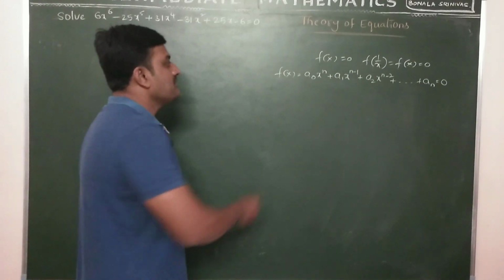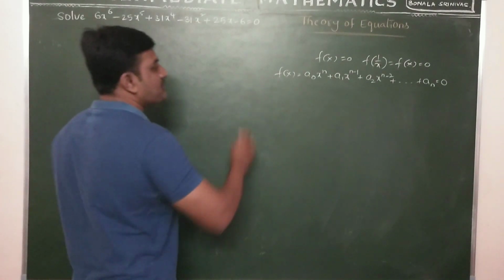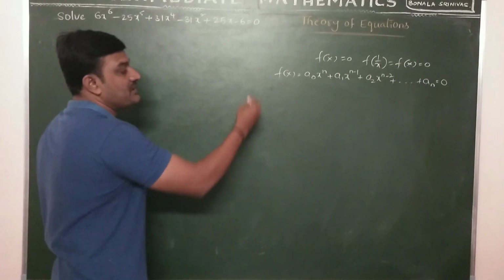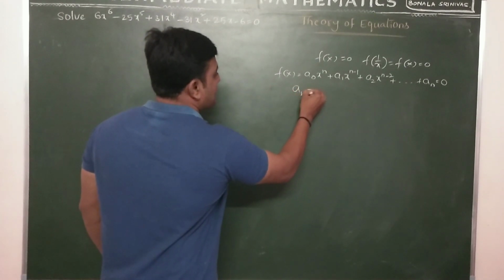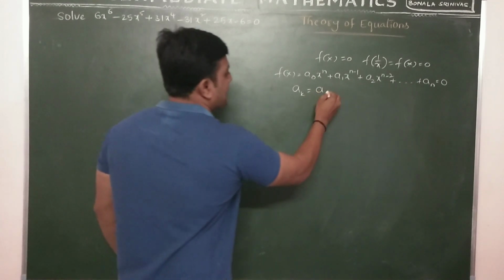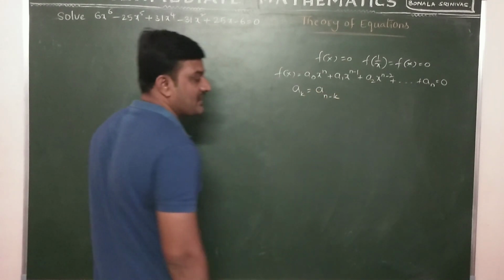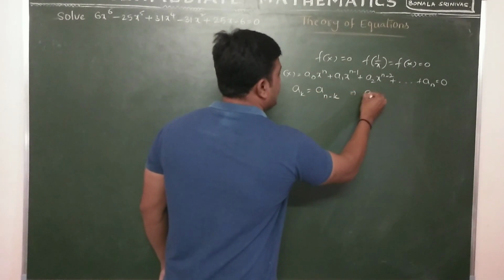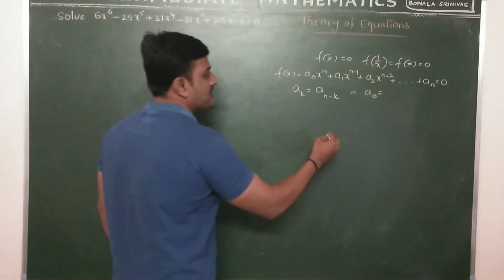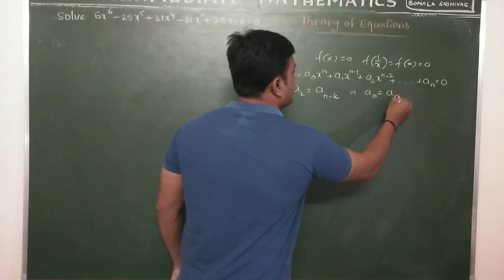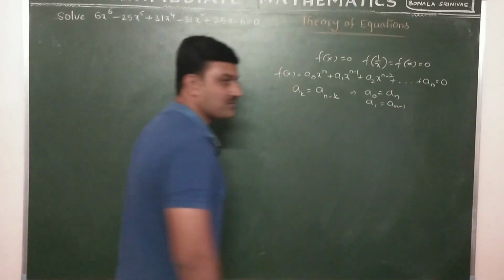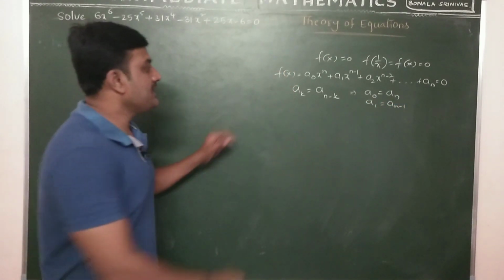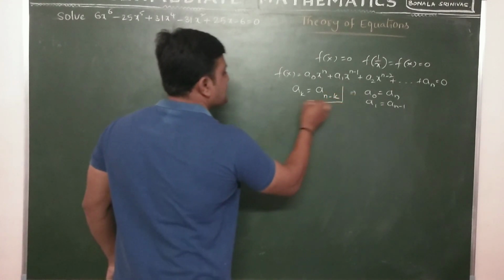Now it is called the reciprocal equation of class 1 when ak = a(n-k). Suppose a0 = an, a1 = a(n-1), like these coefficients are equal: ak = a(n-k).